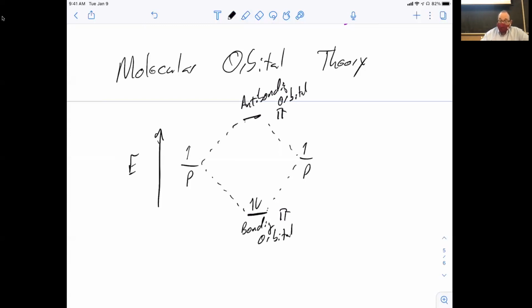This one is known as a pi star. So for every pi bond I make a pi star. For every sigma bond I make a sigma star. When we're talking about conjugated pi systems, we're not going to worry about the sigma bonds, so we're not going to worry about the sigma and the sigma stars, but we are going to worry about the pi's and the pi stars.